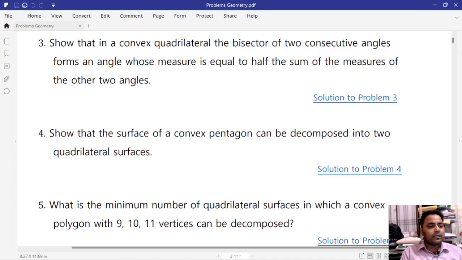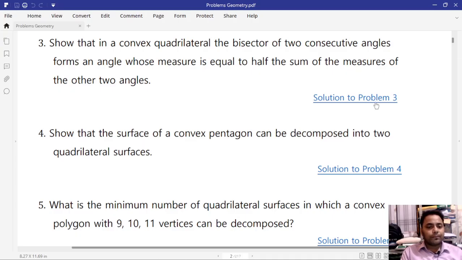We have already discussed the lecture upon the convex and concave quadrilateral. Here we have to show that in a convex quadrilateral the bisector of two consecutive angles forms an angle whose measure is equal to half the sum of the measures of the other two angles.